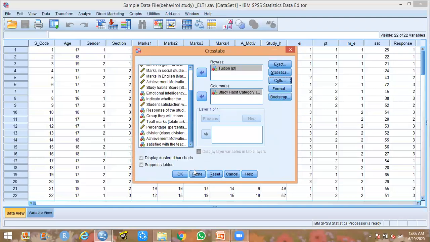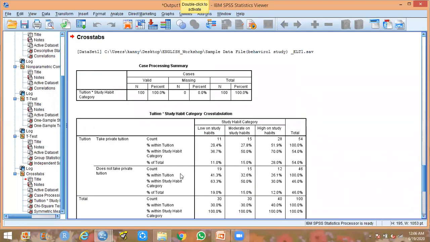If you want to display clustered bar charts, then you go there. I'm not interested in these bar charts, so I'm directly clicking on OK. Fine, yes.